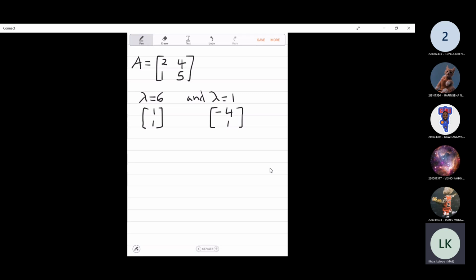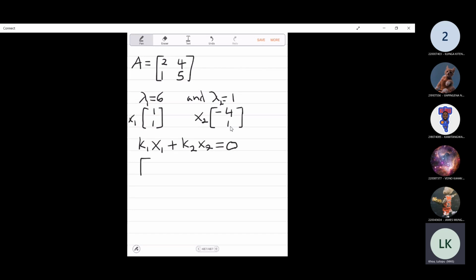Now we want to show that these eigenvectors are linearly independent. So what we would do, this I'll call my x1 corresponding to lambda 1, then lambda 2 corresponding to x2. Okay, so what we want to do is solve this system k1 x1 plus k2 x2 is equal to the 0 matrix.